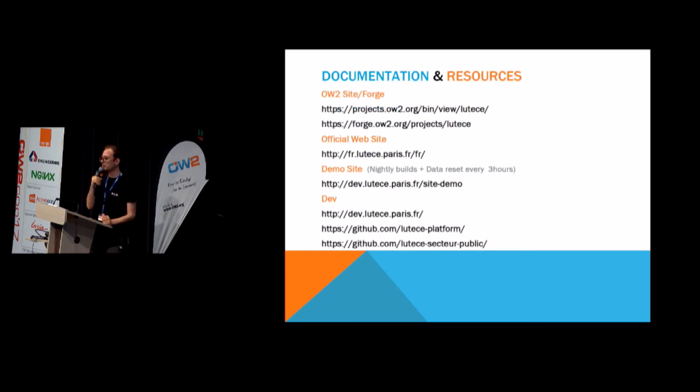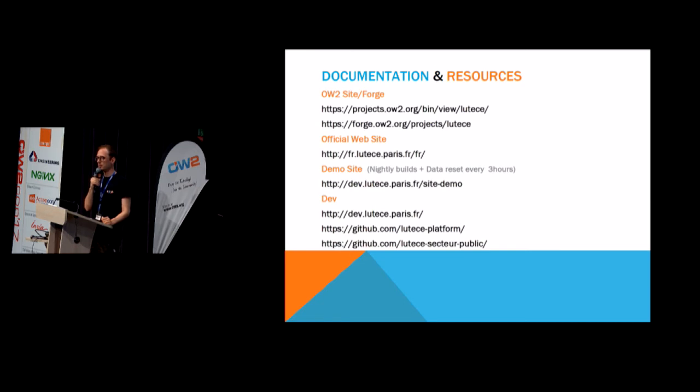You can also visit the documentation and resources. There's a lot of stuff on the OW2 site and the Forge, also on the official website in French, if you can read French. The demo site allows you to see a version freshly built by the Jenkins server, a site with many plugins to showcase the CMS and other features.